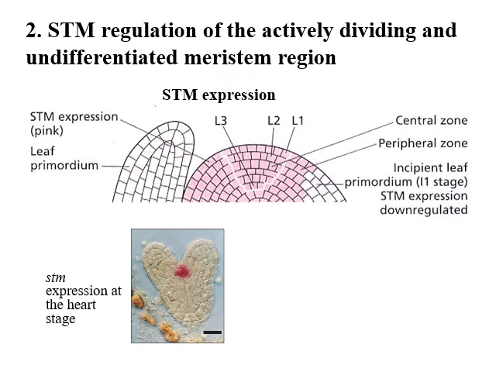So it increases the rate of cell division and maintains them in an undifferentiated state. And it's only when STM expression is suppressed at the flanks here that leaf primordia or flower primordia can be formed.